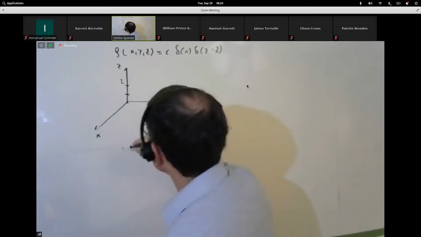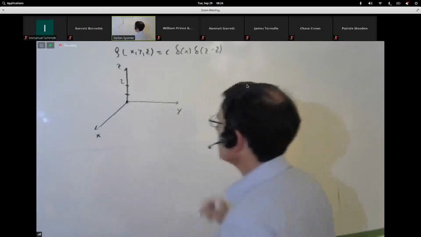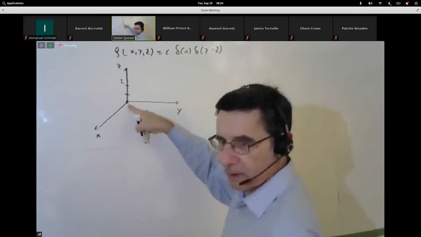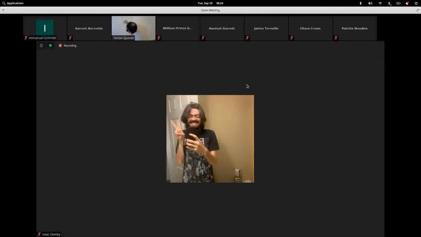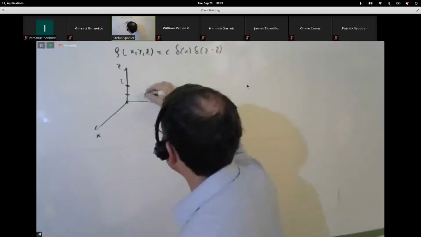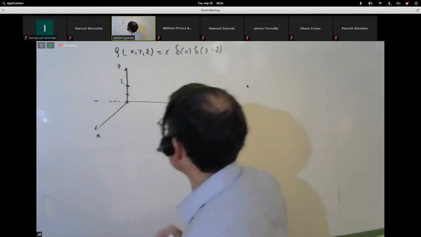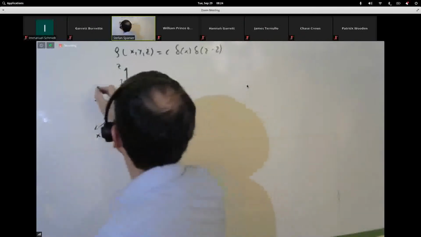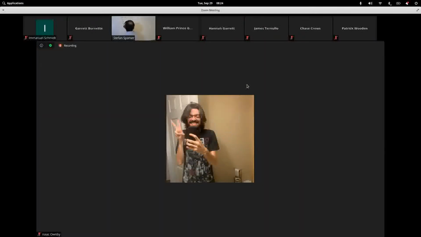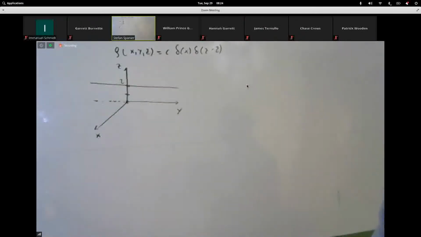Here's 2. Here's 0, 0, 0. So x is 0, pulled into this point. In z, we are pulled in this point. And as you said, along y, it is still free to go, no? So it will be something like that, a line.